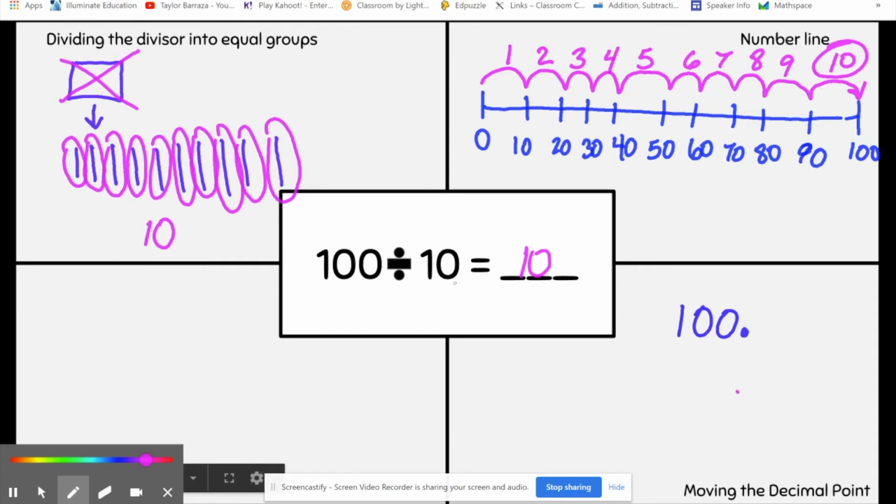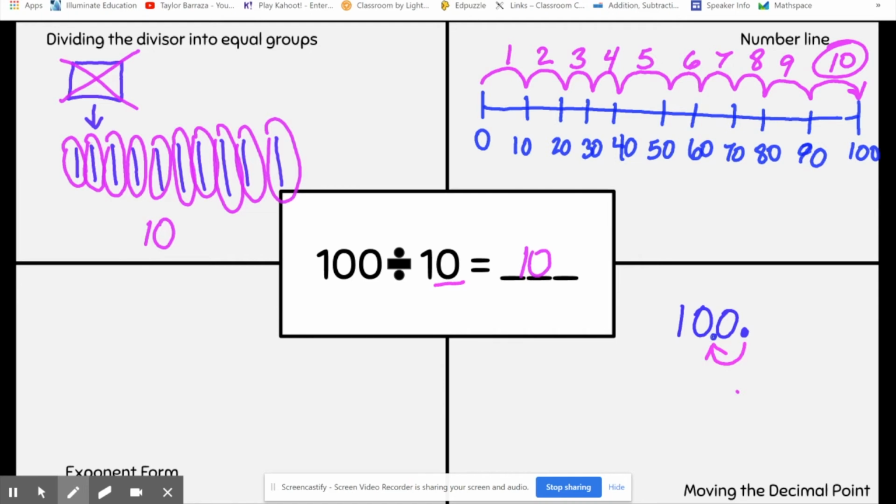Since there's only one zero in 10, I'm going to move the decimal point 1 time to the left because I'm dividing. I can now rewrite my answer as 10 because 10 with a decimal point and a 0 after it is equal to 10 wholes.